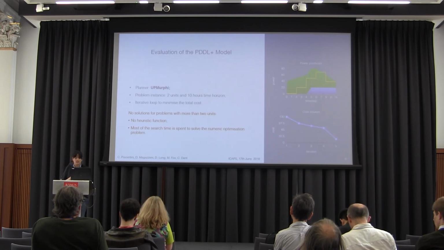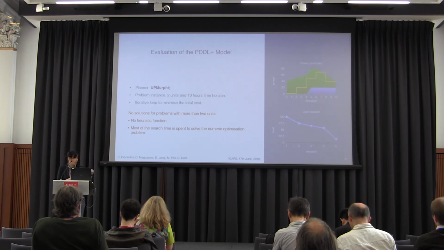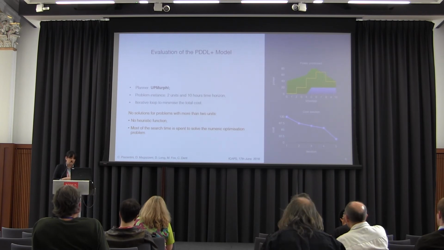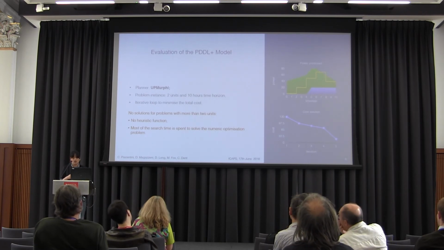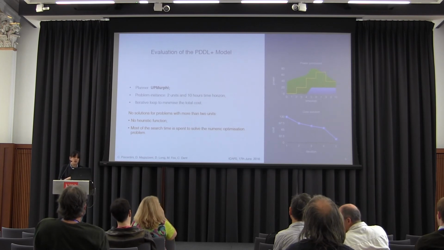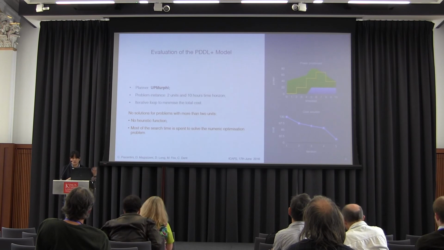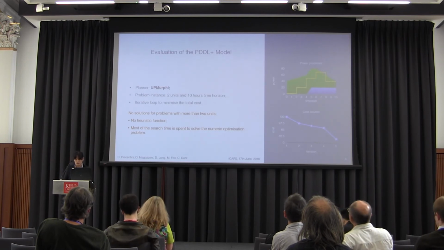And the second problem is because the planner spends a lot of time searching the exact power level for each unit, while once the units are on or off, this is a relatively simple optimization problem that we can handle in another way.